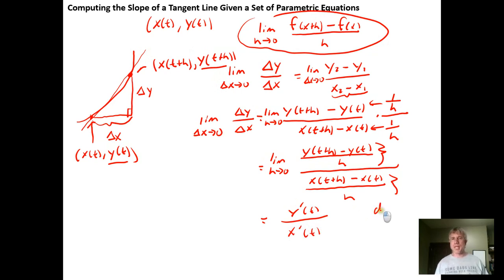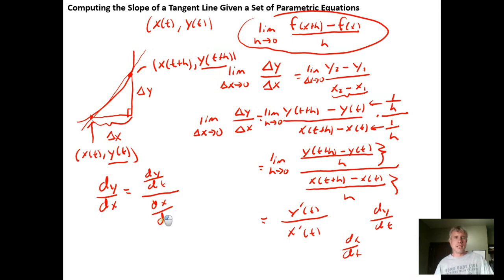We could also write y prime of t as dy dt, and x prime of t as dx dt. This gives us the way to calculate the derivative dy dx in terms of the parameterized functions: dy dx is dy dt divided by dx dt.